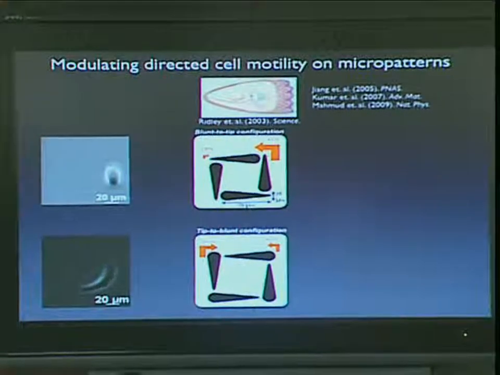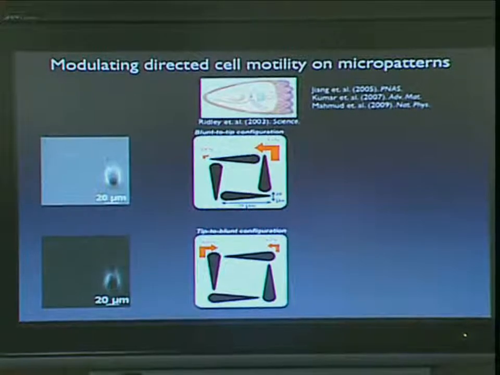So from these types of analyses, we think the cells in this particular context prefer to jump out of the tip and make a sideways jump onto the blunt. Okay. But we're not comparing apples to apples, because this tip lands onto a blunt, but a sideways jump from a blunt to a tip is not shown on this pattern. A sideways jump is only permitted from a blunt to a tip here. Okay.